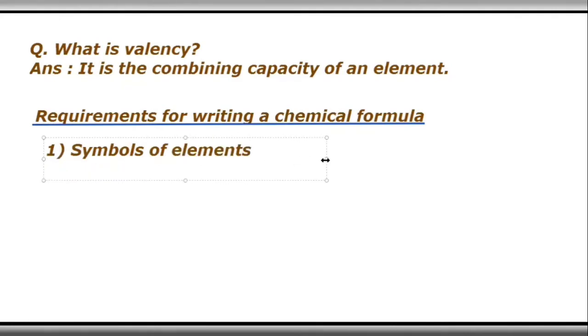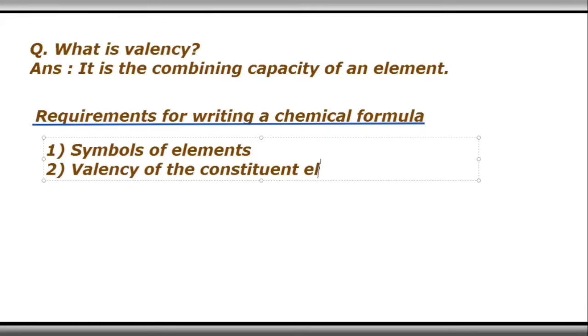Then the second requirement is the valency of the constituent elements. So these are the two requirements for writing a chemical formula.